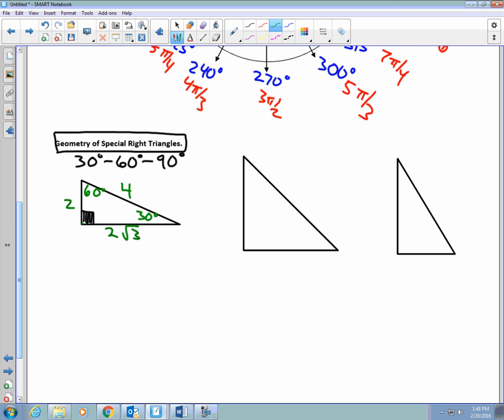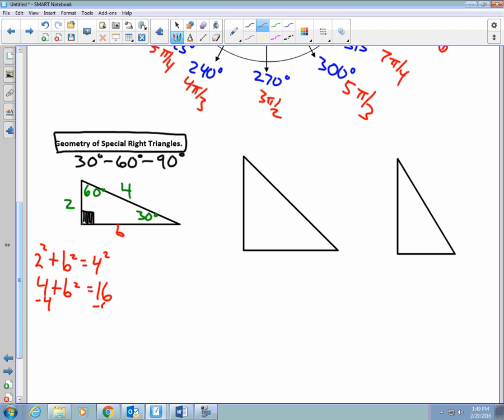Do you remember that? Then let me show you why that works out. This is something you talked about in geometry, but this is why we're reviewing it, and that's why this lesson takes a little bit longer. If I call that side B, I would say 2 squared plus B squared is equal to 4 squared. So 4 plus B squared is equal to 16.